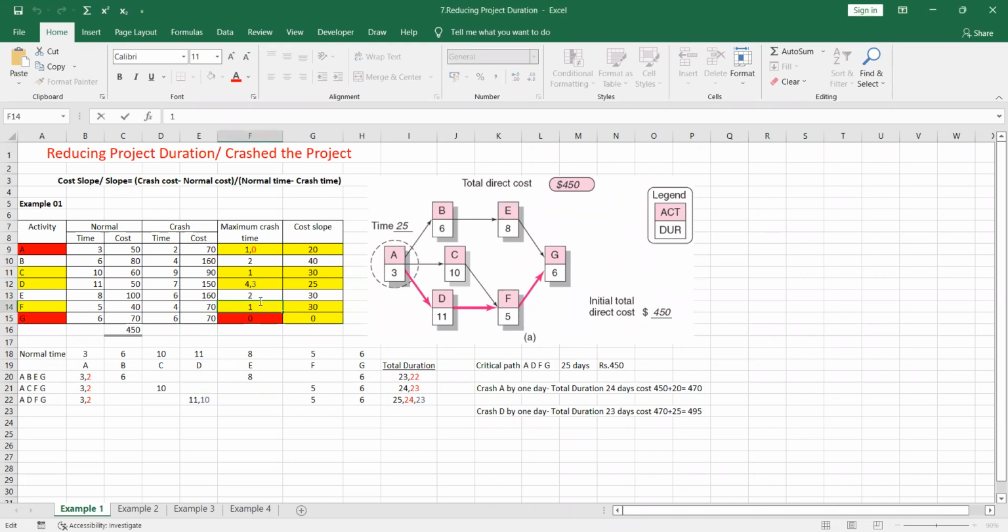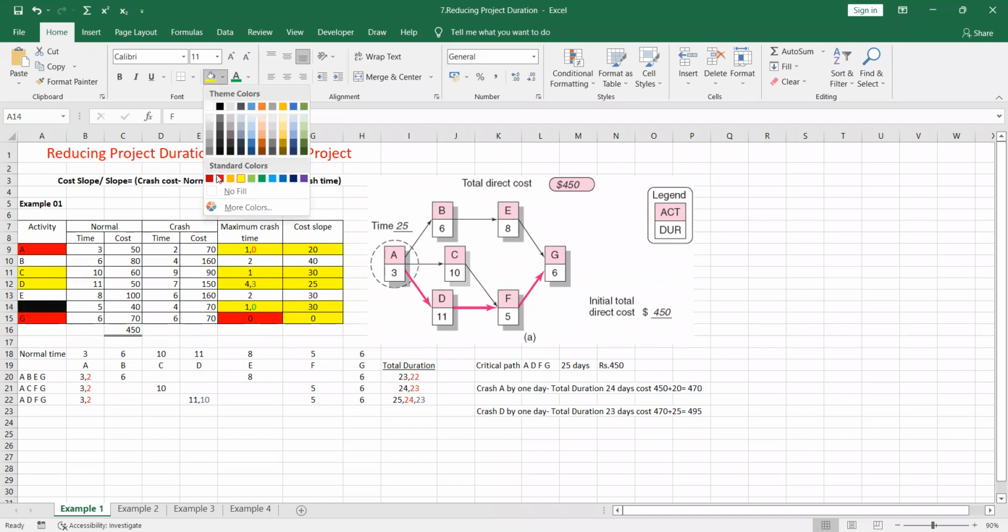So you have to cross this 1 and make it as 0. So I will get another color for that. I will take green, right? So that means after crashing F activity by 1 day, F activity is also now something we cannot crash further. So we cross it, right?